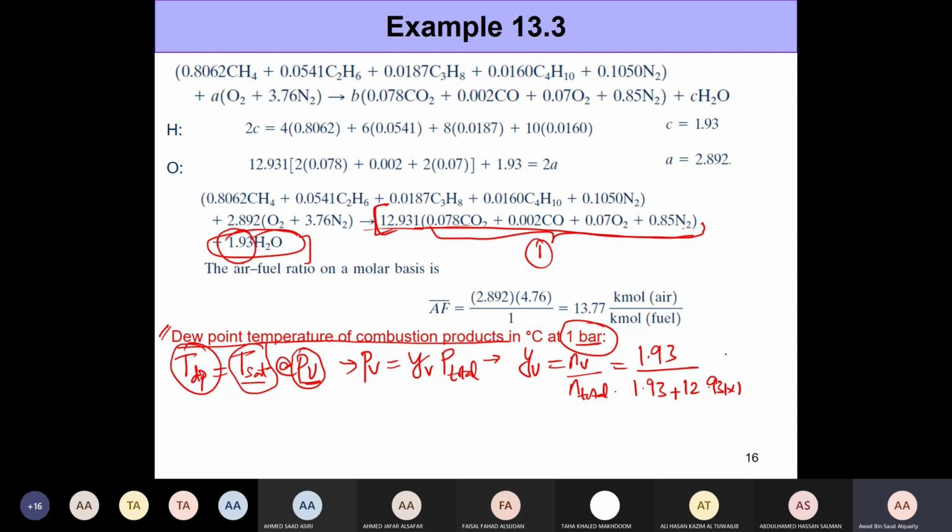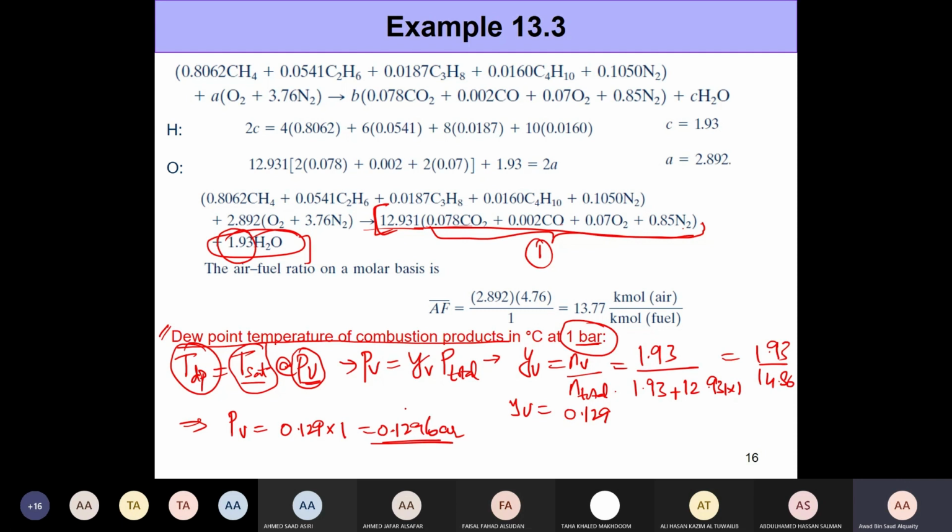So you're getting 1.93 by 14.86, which is equal to 0.129. So the partial pressure of water vapor is equal to the mole fraction 0.129 times 1 bar. So it's 0.129 bar. This is what we obtained.